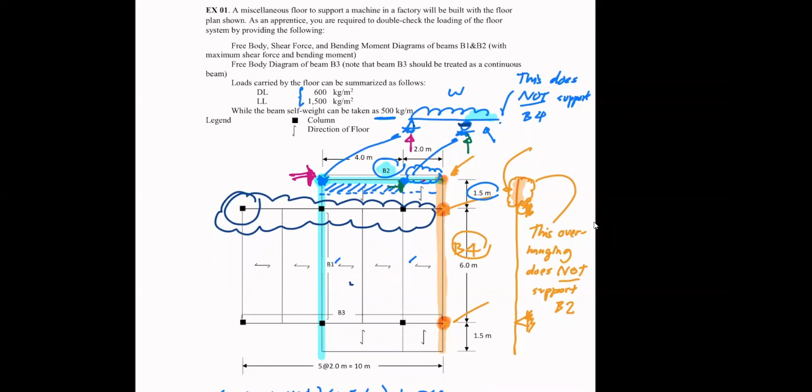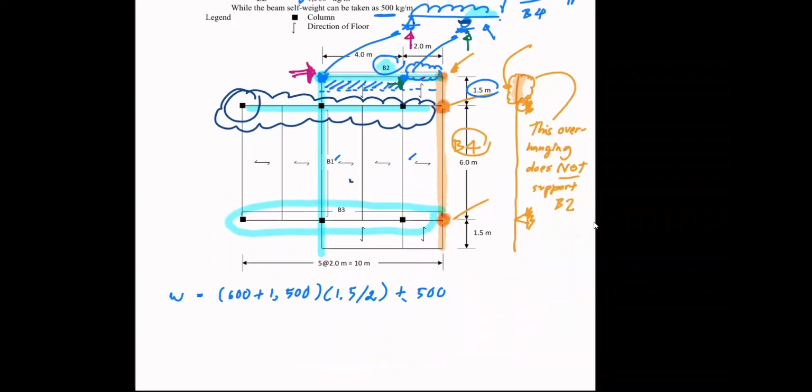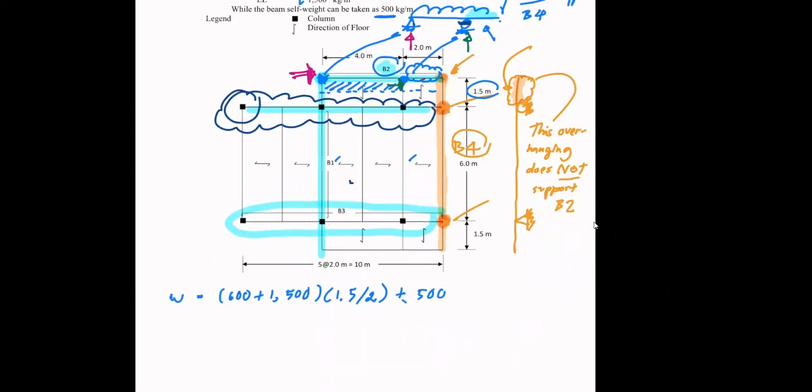Please take a look at one more thing. This is B3, pretty similar. Let me try to draw the free body diagram for you. This is not something you can analyze yet, but you should know that when the beam is continuous, there's no point trying to draw a simply supported beam.